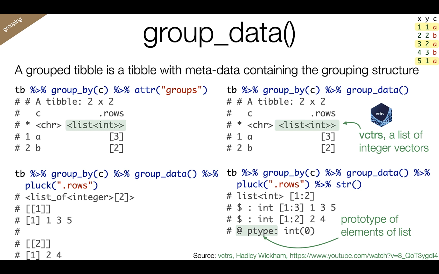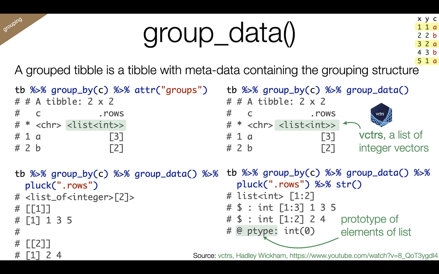For example, all integer vectors look like an integer vector of length 0. Obviously their size may be different, and vctrs deals with sizes too in a consistent way. But at a basic level, the type of the thing is an integer. So when you see ptype throughout the tidyverse increasingly, you should be thinking about the vctrs package, and you should be thinking about what that thing is at a more fundamental level.